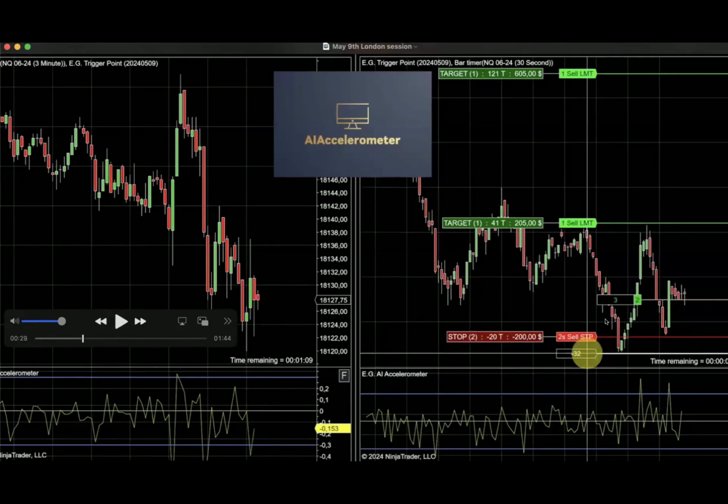This was the moment I decided to enter the market, because the trigger point after this breakout came back to its zone, and the price action was telling me that this is just a consolidation. So I took my risk and entered.